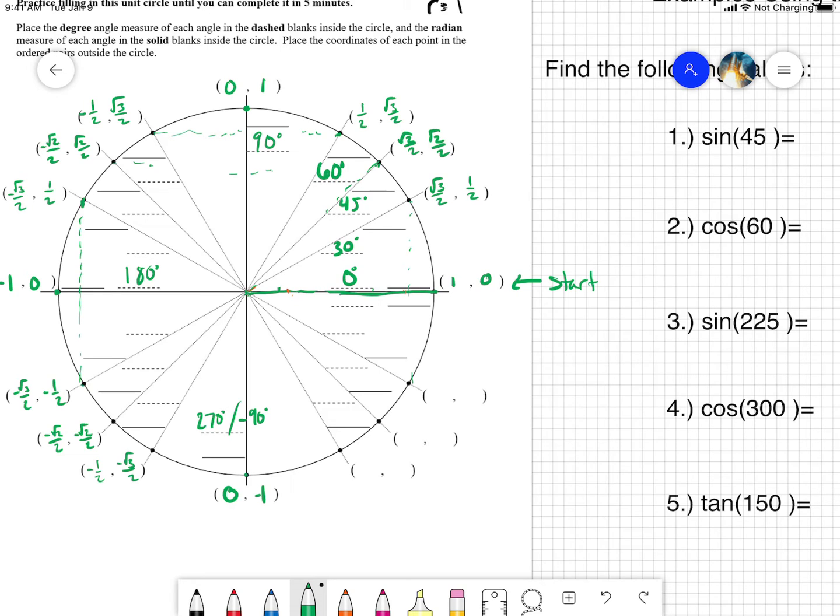Either way, it's not going to change what those coordinates are. So if I reflect this one and just go down, I reflect along the y, so it's negative 1/2, but this is rad 3 over 2. Okay? And so my coordinates don't change as far as that's concerned. The only values that change are the y's.